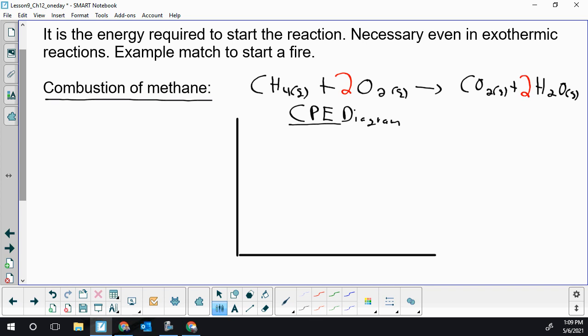The axes are going to be reaction coordinate, which I tend to shorten as RC, and we're going to have potential energy on our y-axis. We're going to have our reactants at some initial potential energy.